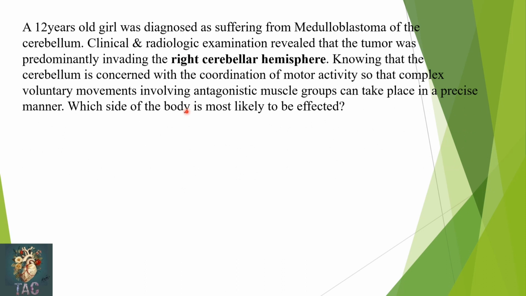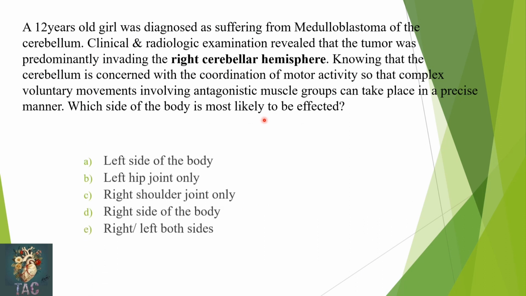Next question: a 12-year-old girl was diagnosed as suffering from medulloblastoma of the cerebellum. Clinical and radiological examination revealed that the tumor was predominantly invading the right cerebellar hemisphere. Knowing that the cerebellum is concerned with coordination of motor activity, so that complex voluntary movements involving antagonistic muscle groups can take place in a precise manner, which side of the body is most likely to be affected?